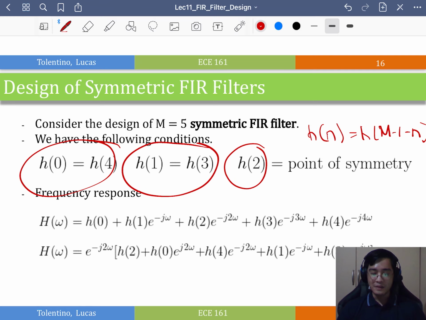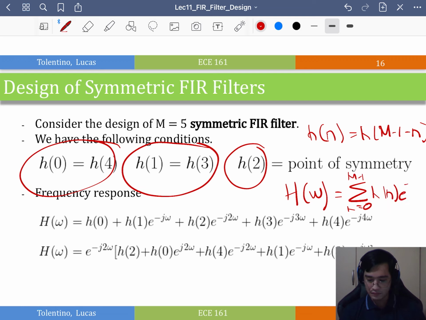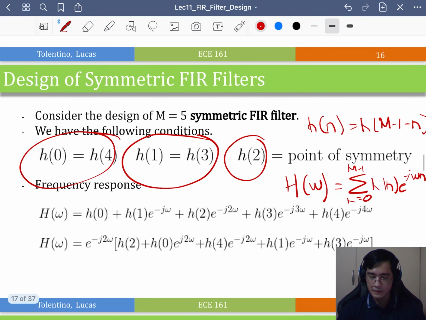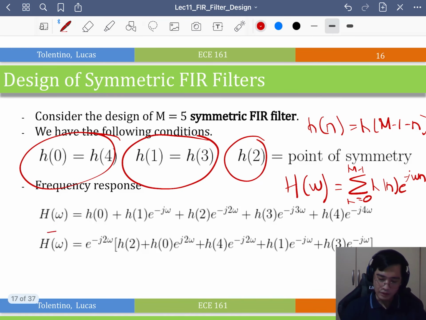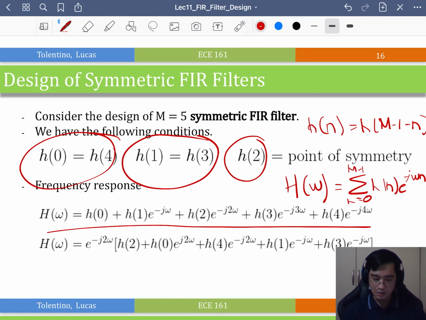Now, with these conditions, recall that to get the frequency response we can just sum over all n from 0 to M minus 1, h of n, e to the negative j omega n. This gives us these equations: h of 0 plus h of 1 e to the minus j omega, and so on.